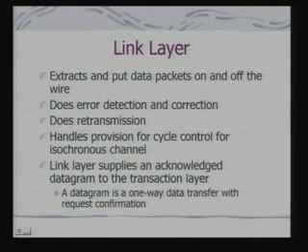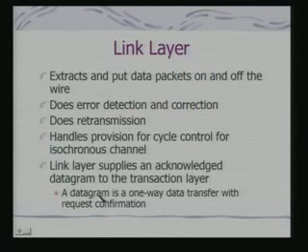The link layer also provides an acknowledged datagram to the transaction layer. What is a datagram? A datagram is a one-way data transfer with a request confirmation. So I can send a packet with a request confirmation, and that is detected obviously at the link layer, but the whole management of the datagram has to take place at the transaction layer, because that is keeping track of the data transfer and the nature of the data transfer that is taking place.